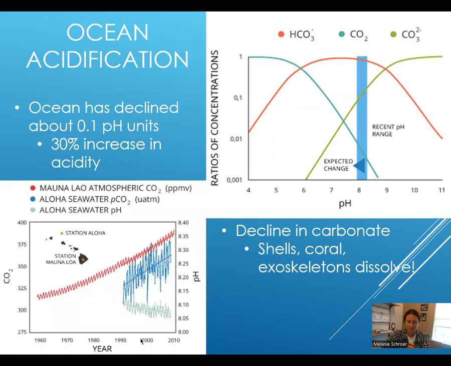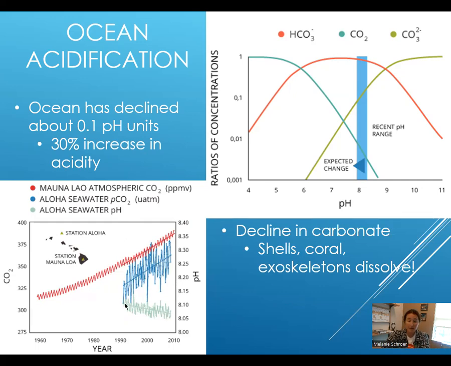So this is measurements taken in Hawaii. This is atmospheric carbon dioxide as measured here, right, as measured on the island. The seawater carbon dioxide has increased in parallel, right? So same slope, the more CO2 in the air means the more CO2 in the water.